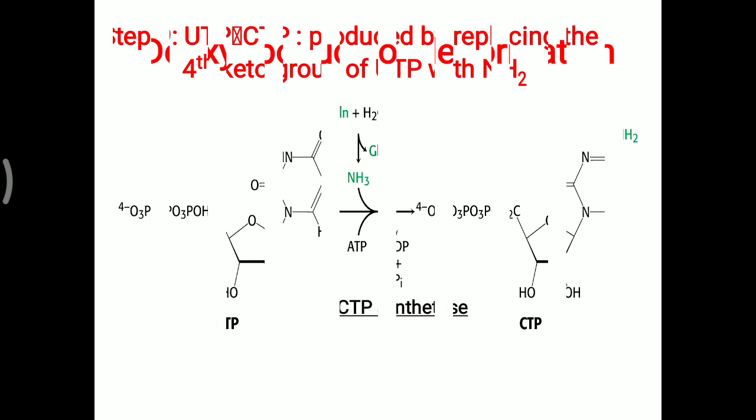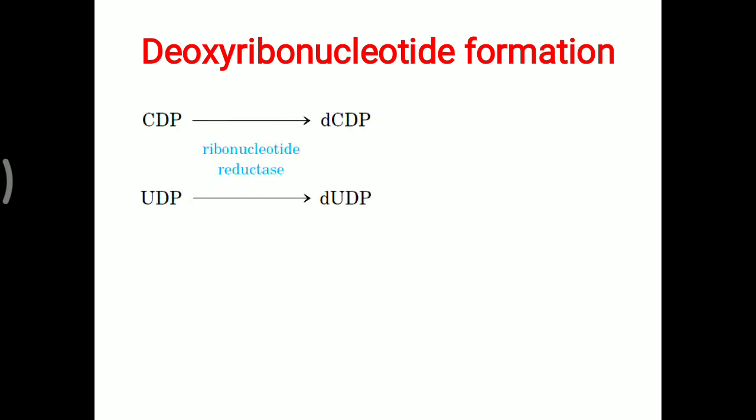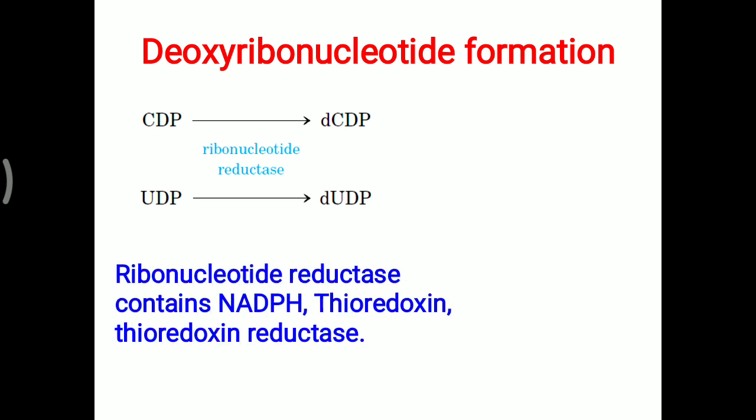Now again, this deoxyribonucleotide formation you have to understand, which is able to convert CDP or UDP into the corresponding deoxy molecule. So deoxy CDP and deoxy UDP are generated by the ribonucleotide reductase enzyme, which contains NADPH, thioredoxin and thioredoxin reductase.